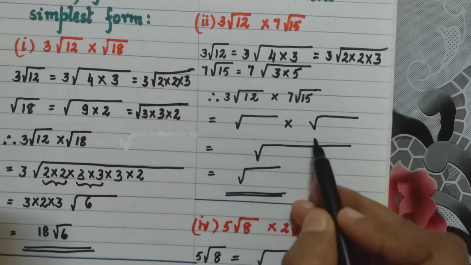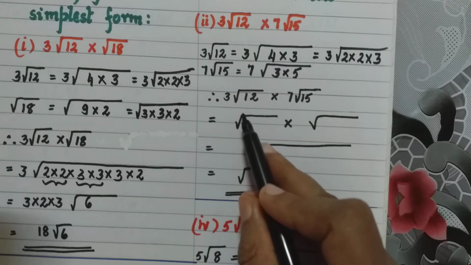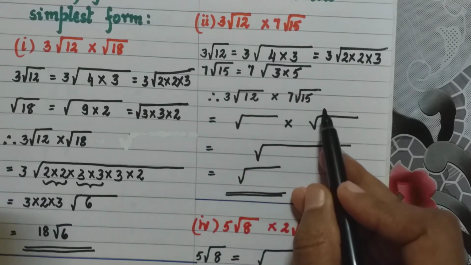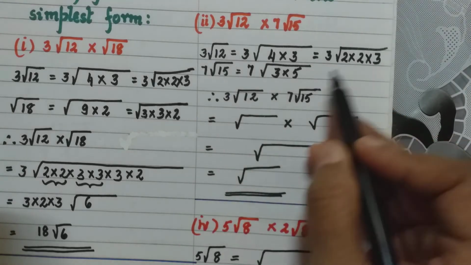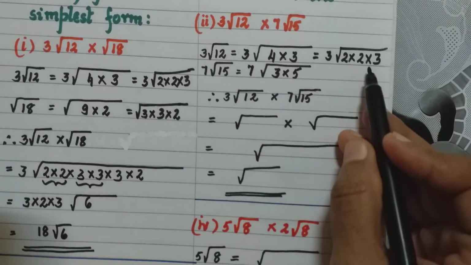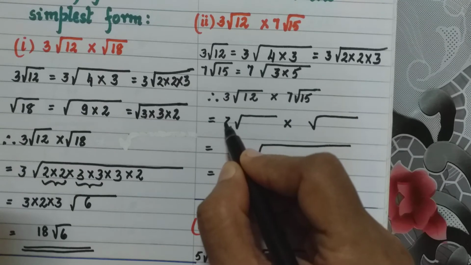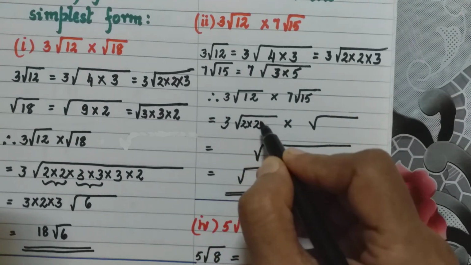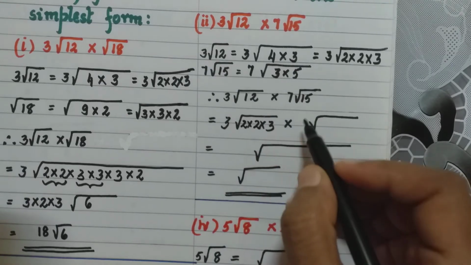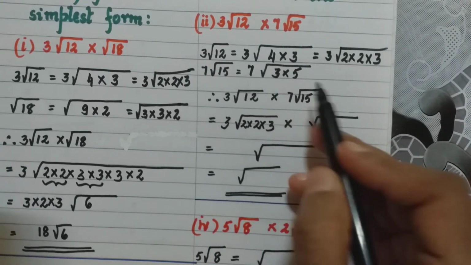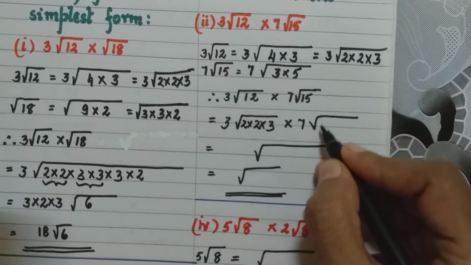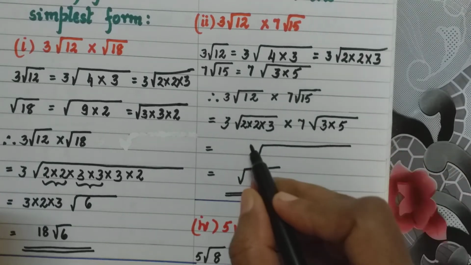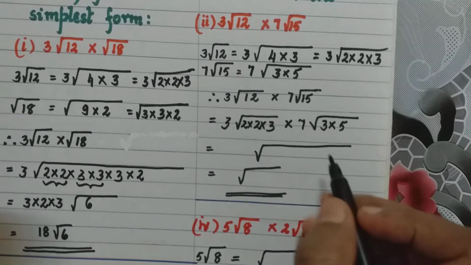Now we have written all of them, and we have to start multiplying. So 3 square root 12 into 7 square root 15 is equal to: we write all these factors respectively. First, 3 square root of 2 into 2 into 3. And 7 root 15 is 7 square root 3 into 5. Now what do we do in surds while multiplying?